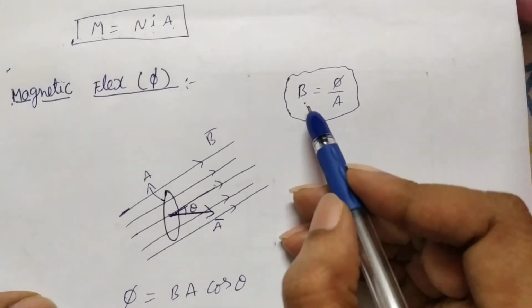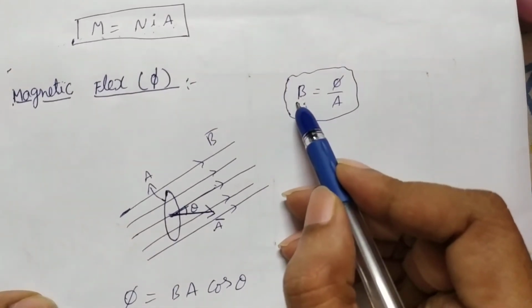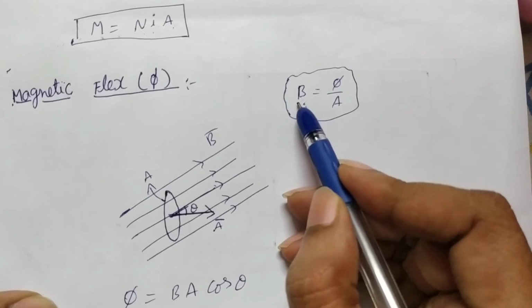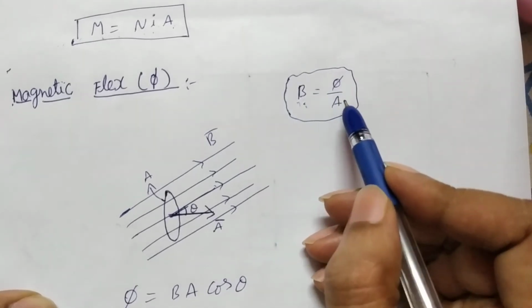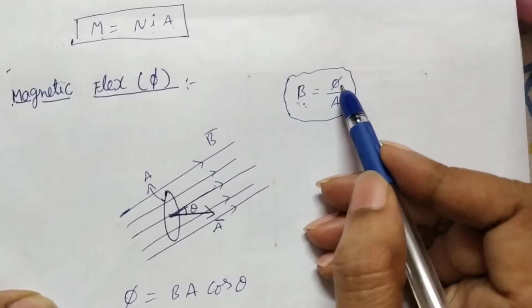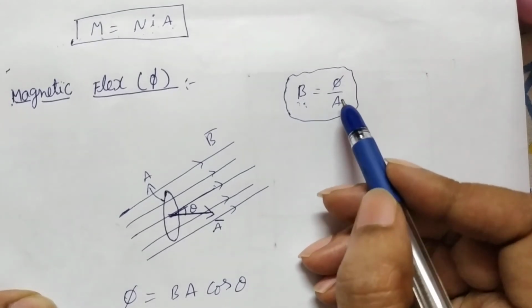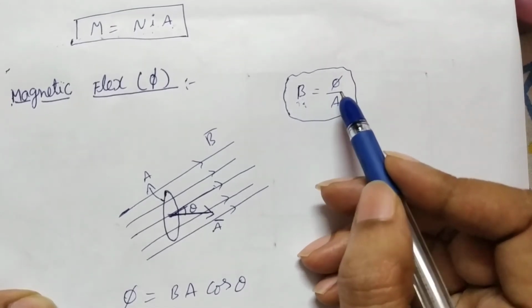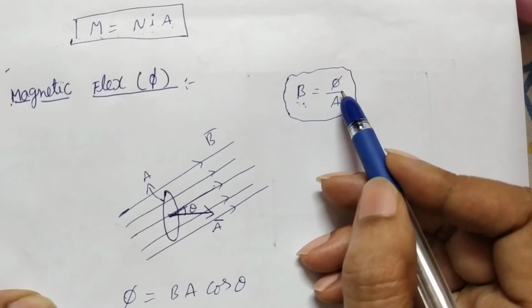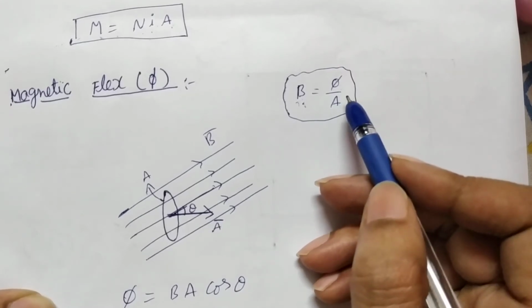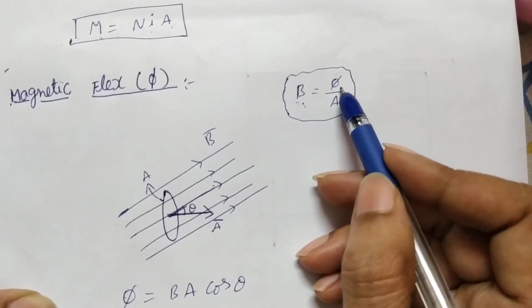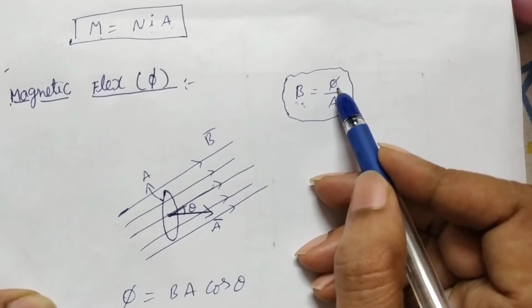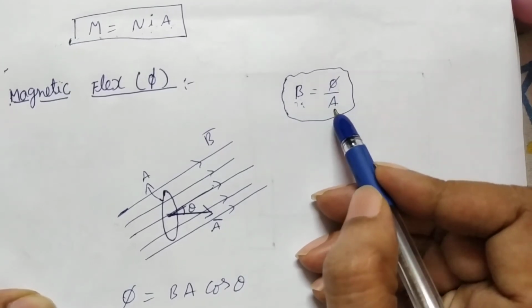So magnetic field induction can also be defined, and can also be called, magnetic flux density. What is flux density? Flux by area. What is flux? Magnetic flux means how many magnetic lines of force are passing. So phi represents magnetic flux and A area.